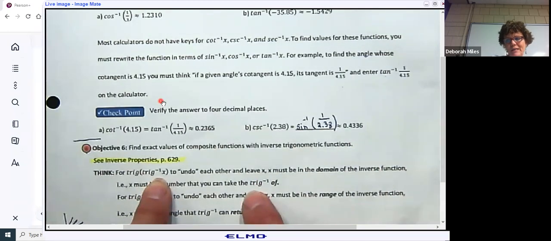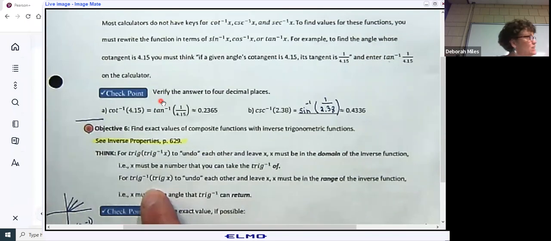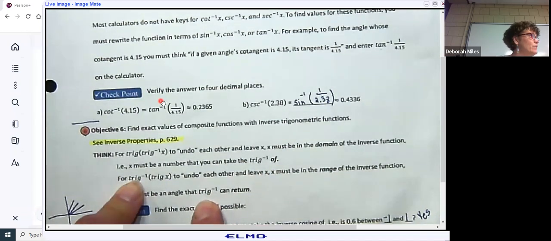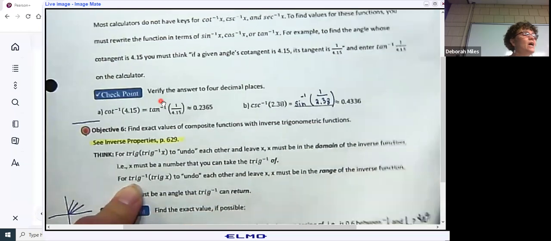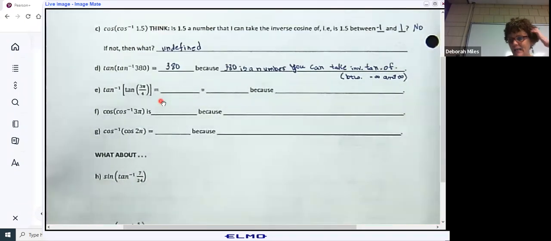It has to be something you can take the inverse trig of. But if inverse trig is your outer function, it's the last thing you're going to do, then your answer has to be something that that inverse trig can give you. It has to be in the range of that inverse trig function. Now, nothing I can say will make this perfect in the next hour, but you'll get it. I know you, I know how smart you are, I know how hard you work. You'll get it. It's just going to take some practice.